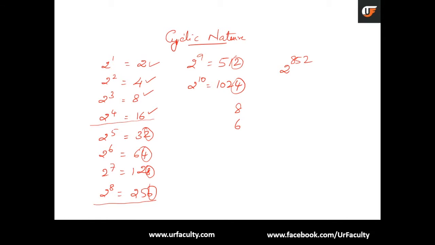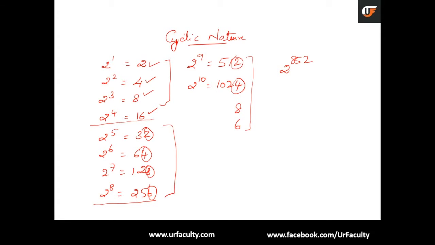So 2 power 852. To solve such problems, you have to divide the power into 4 parts. Only then will you be able to find the first part, after which we move around with 2, 4, 8 and 16. Now, how do you divide this into 4 parts?